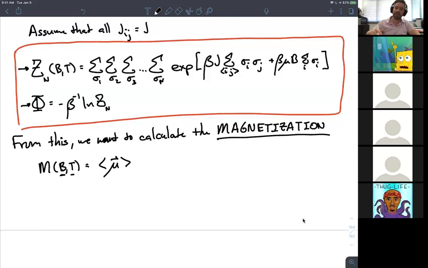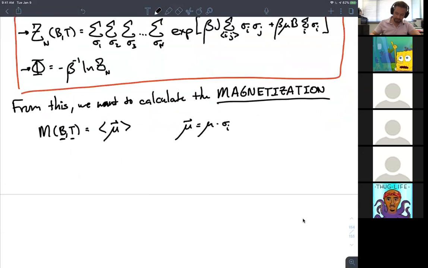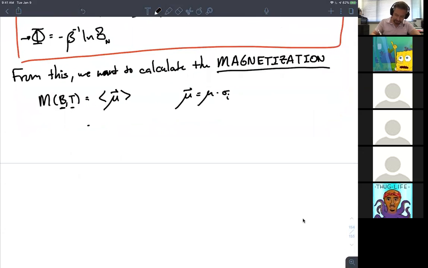Okay, now the average dipole moment, again, we said that we were going to write this vector mu as equal to the magnitude of mu times our little spin variable. And so now this is just equal to mu because it's a constant. You can just pull it out of the average. And so this is mu summed over all sigma i.